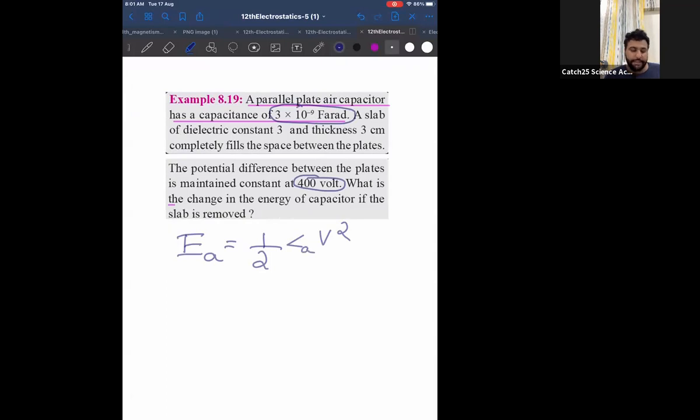Now, half is a constant. I know the value of C, I know the value of V. Tell me what is the value for the energy of an air capacitor. Start and give me that answer first.